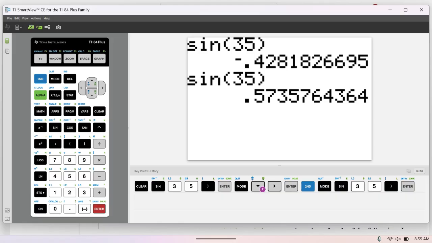Because you never know, my second or third period classes may reset the calculators, and if they reset them, it automatically goes back to radian mode. So this should be the first thing you check in every day. Second mode.